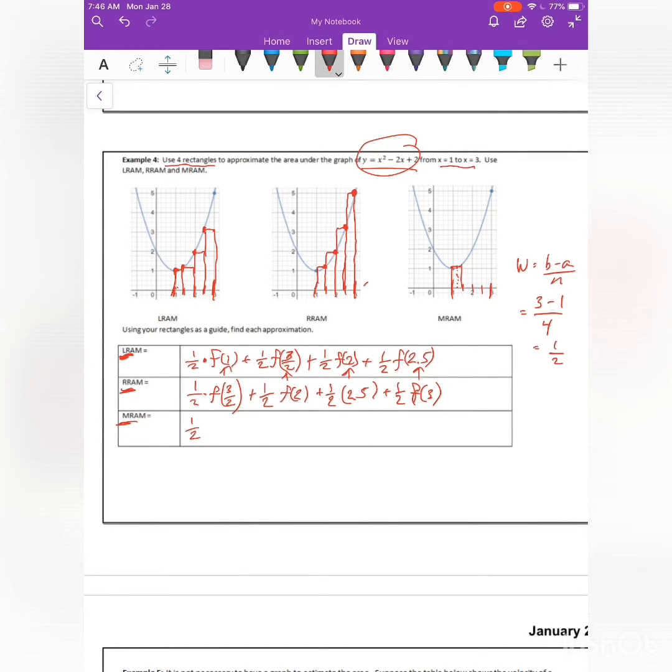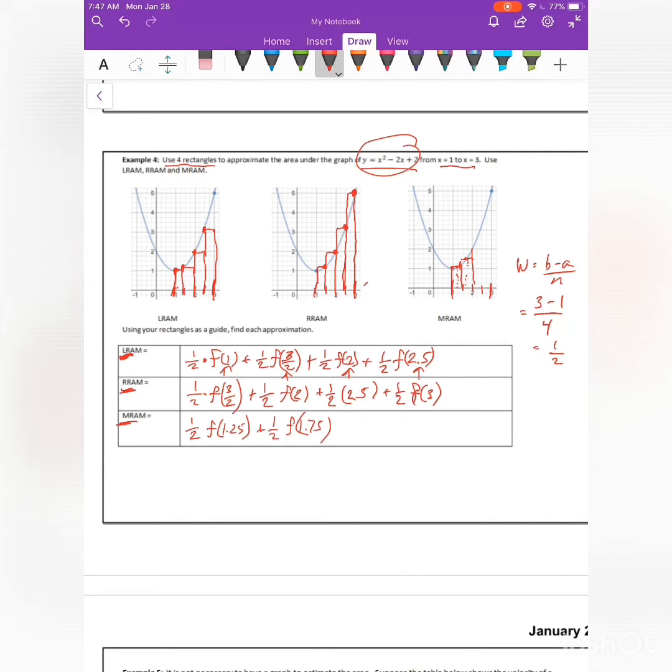So the width is still half. That does not change. But the height now is not determined by 1 or 1.5. It's determined by 1.25. So this one's between 1.5 and 2, so kind of right in the middle there, which would be 1.75.